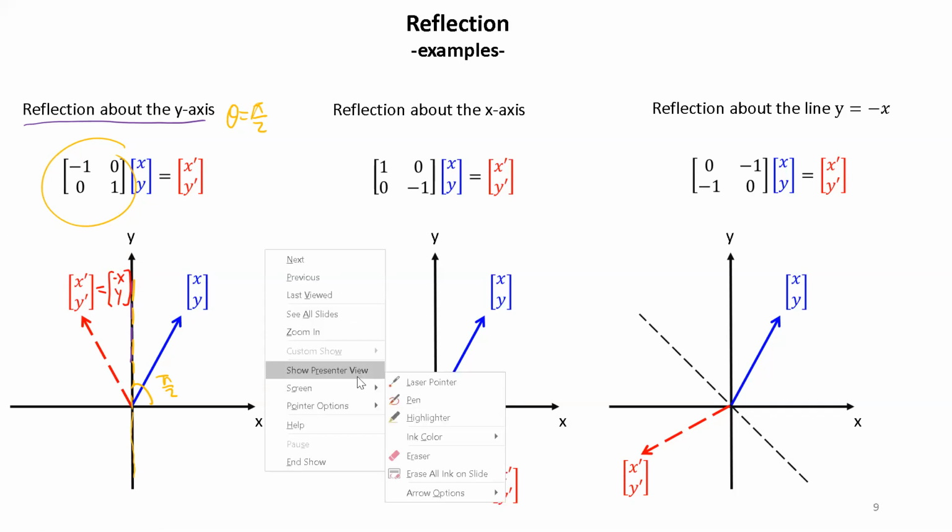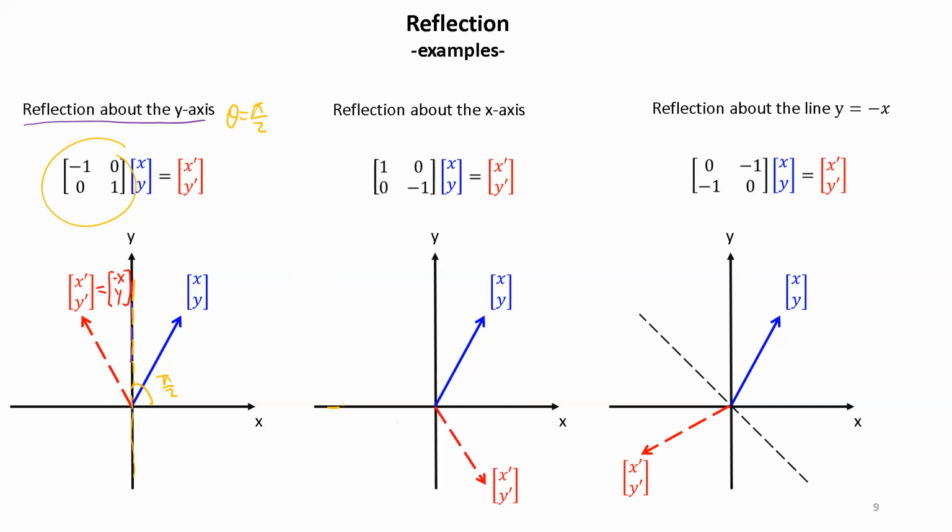Similarly, if I want to do reflection about the x-axis, this time theta is just 0. Then you can work it out to find that this is your reflection matrix here. And of course, the x coordinate does not change. It's just that the y coordinate goes to negative.